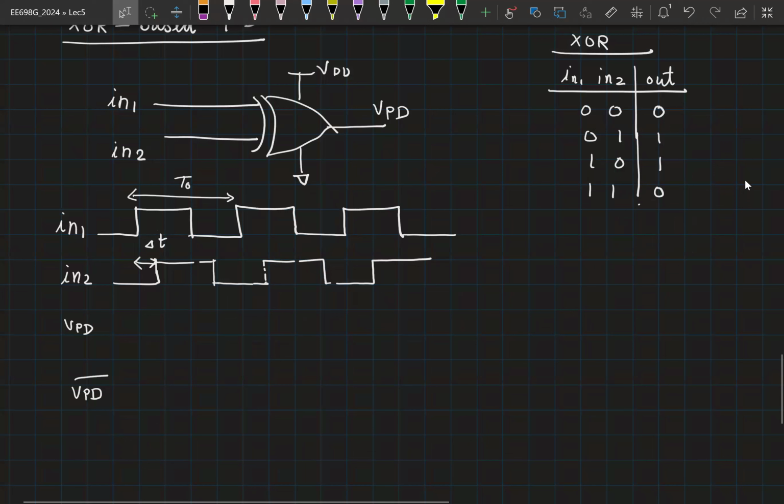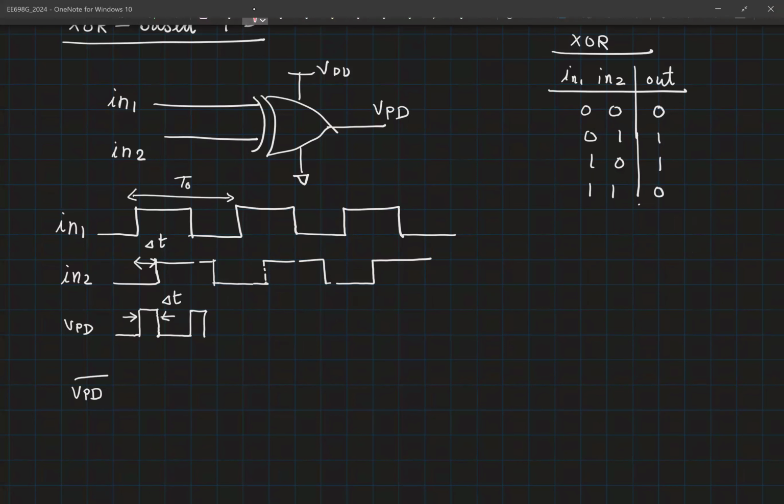So let us sketch VPD. So it's 0 here. It becomes 1. What is the width of this region? This is delta T wide. Then it goes to 0. Then it goes 1 again. Again, width of this region, this is also delta T. Then 0.